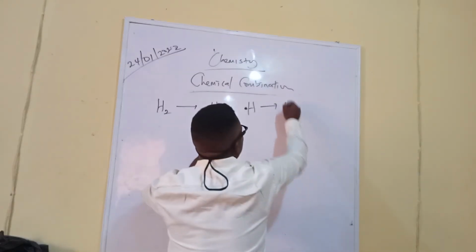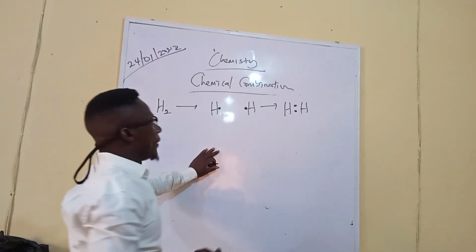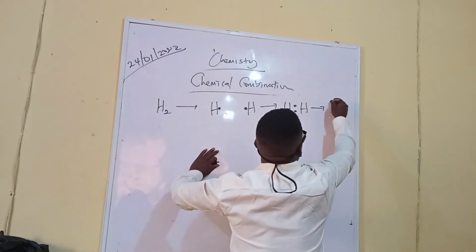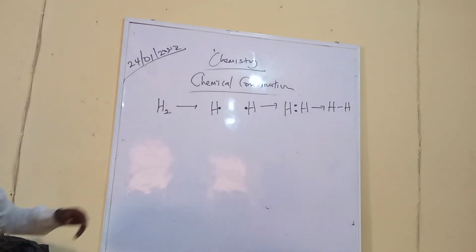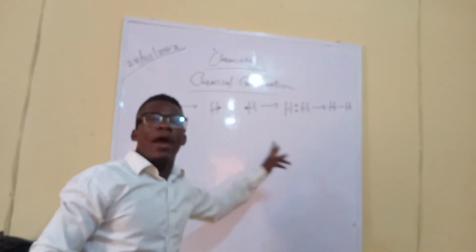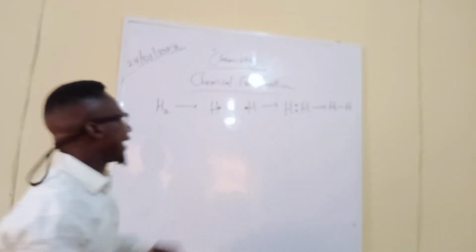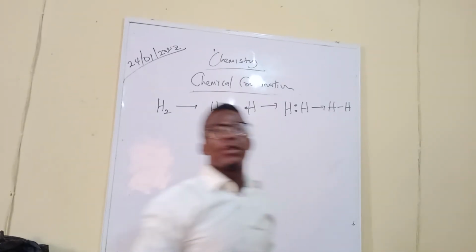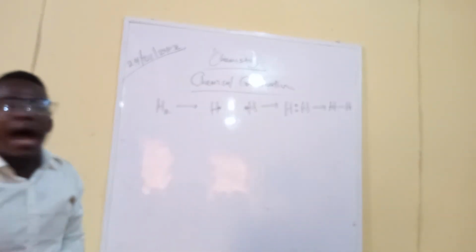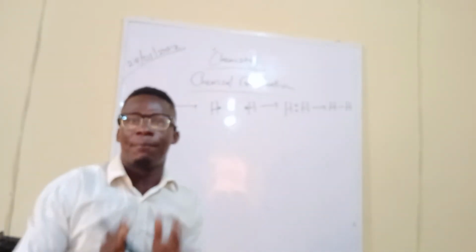Each of them donates an electron, and they share the two electrons between them so that they can form H-H. Two electrons make a bond, and that is why these two electrons make a single bond here. So this signifies that a hydrogen molecule has a single covalent bond joining them together.